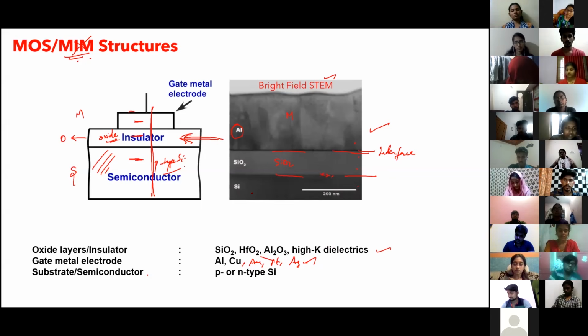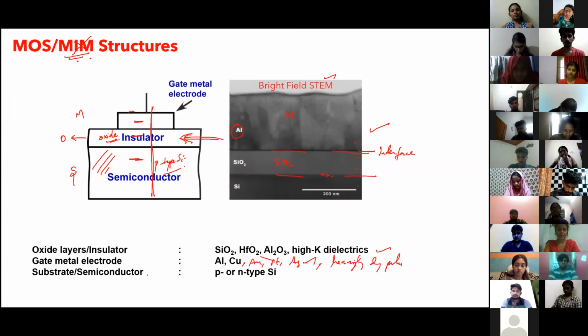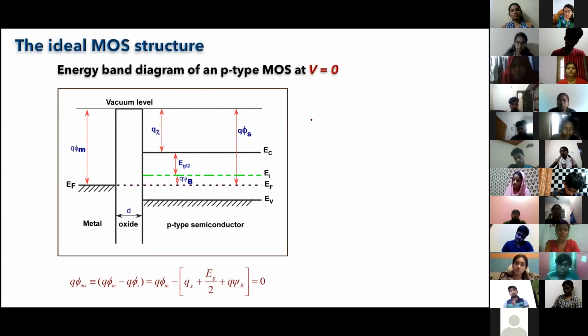But in many cases, the gate electrode is also made of heavily doped polysilicon, polycrystalline silicon, which is heavily doped with electrons, so n-doped, and behaves exactly like a metal. But now, people mostly use metals only. Okay, that is the structure.